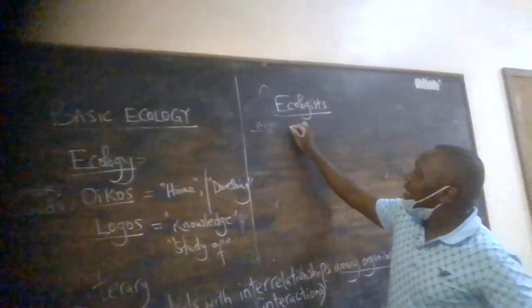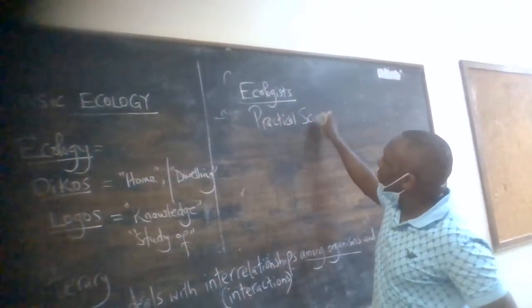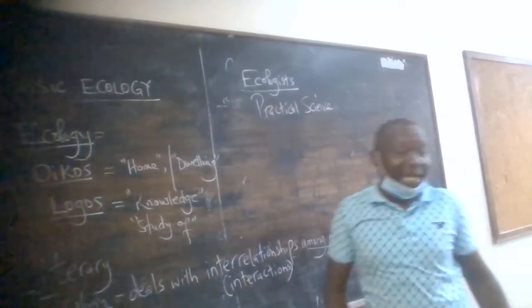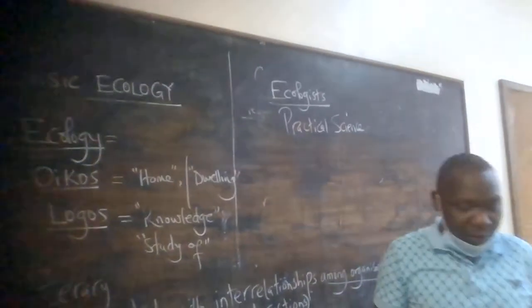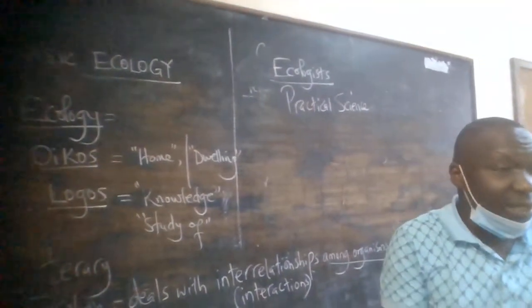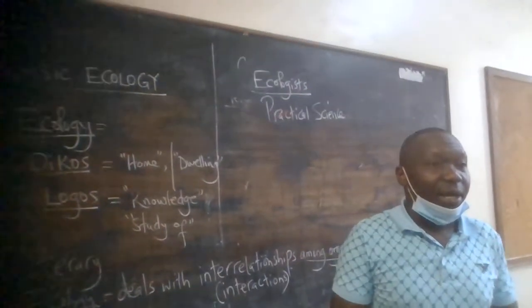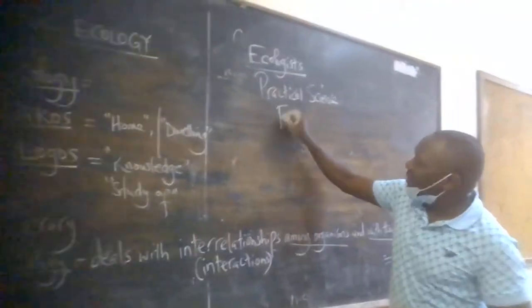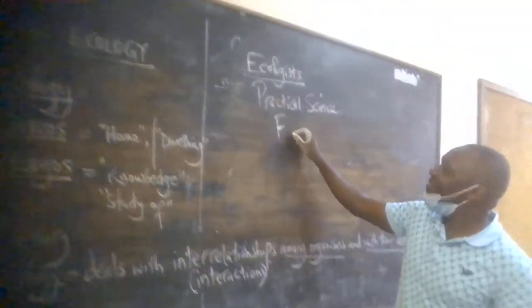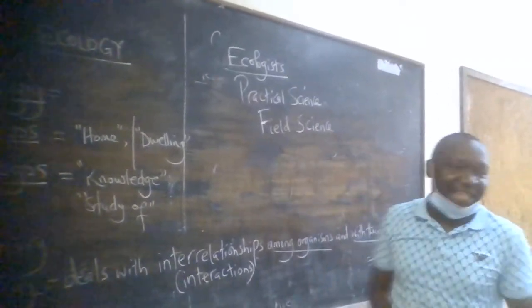I've already said that ecology is a practical science. It's a what? It's a practical science. And like other sciences, it is based on a body of knowledge, on certain theories, on certain concepts, or even certain laws. You get the point? But important to note is that it is a field science.